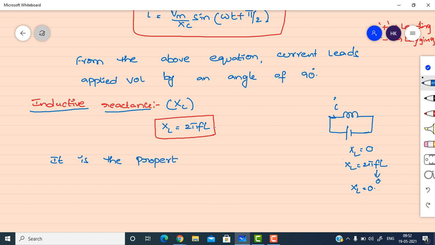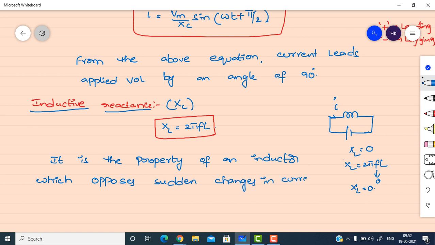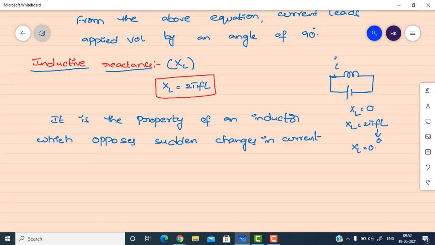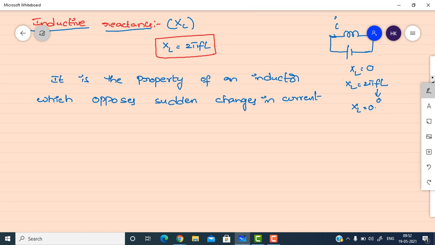It is a property of an inductor which opposes sudden changes in current. Are you following? And what are the units for this inductive reactance? Units are ohms.